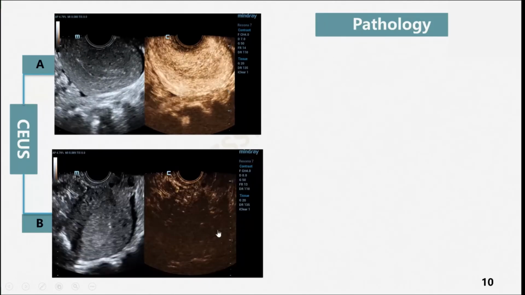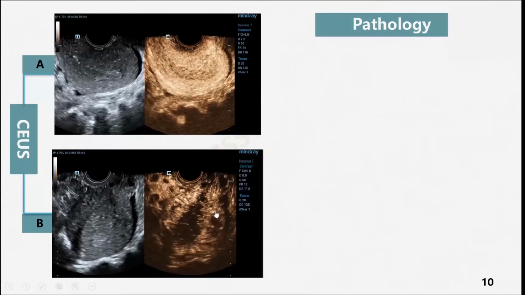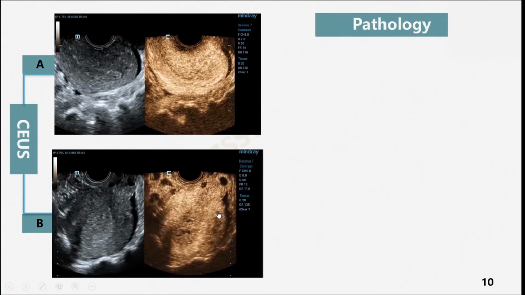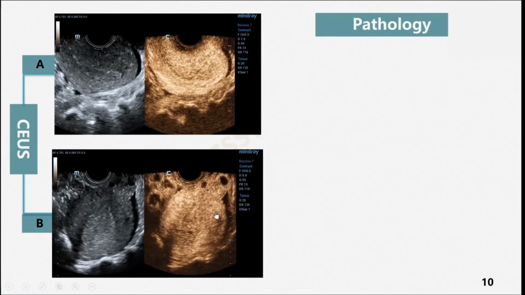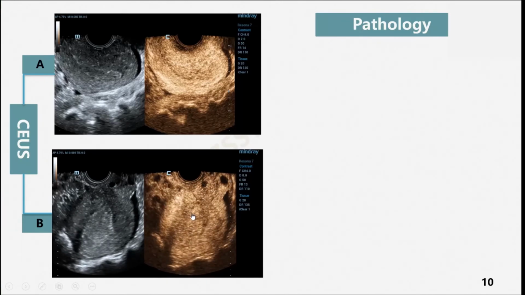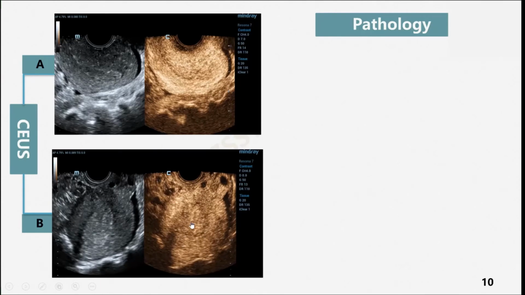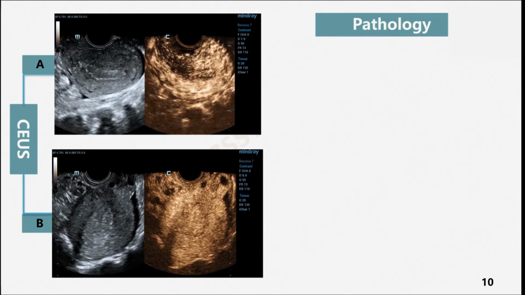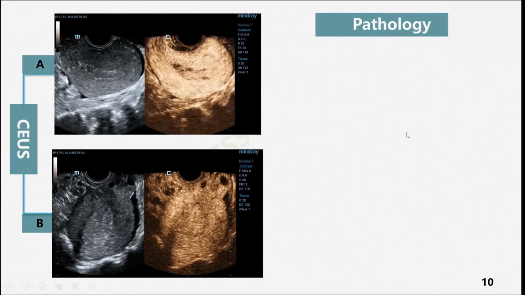And case B, the enhancement mode is similar to the normal uterus. First, the agent arrived at the myometrium and then gradually spread into the endometrium. The signal intensity of the endometrium is lower than the myometrium. So it gives us more confidence to confirm our diagnosis.